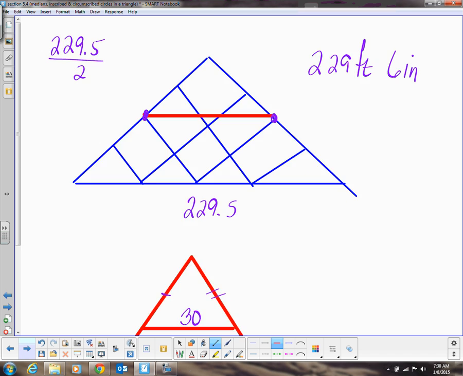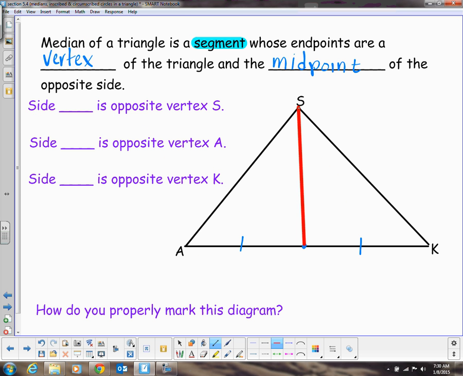No. But a median does. It starts on the vertex. So side AK is opposite S. What's opposite A? SK. What is opposite K? All right. That's important that you can understand opposite. So S, this is a median.